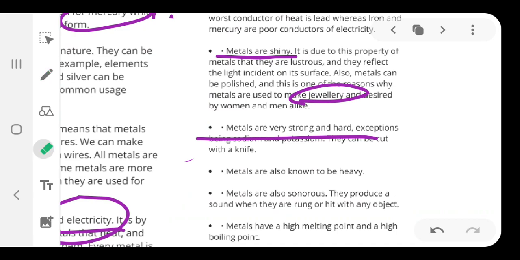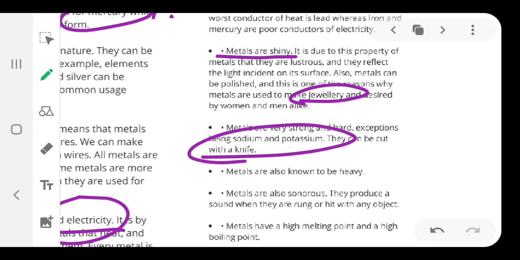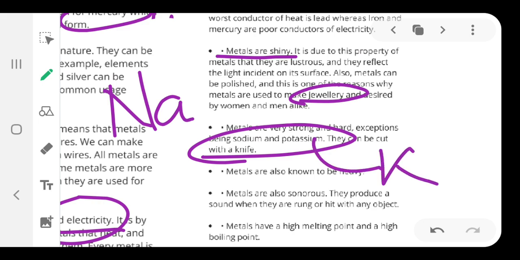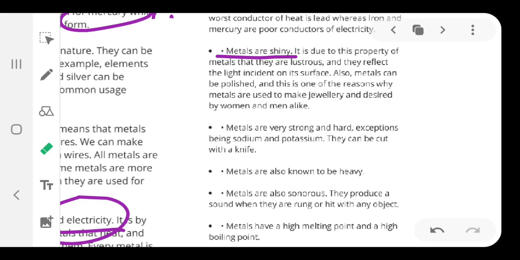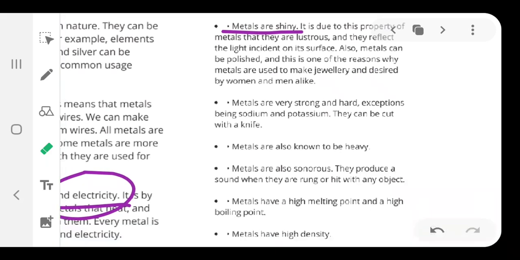The exceptions again are the metals called sodium and potassium. For sodium it is capital N small a, and for potassium it is K. They are so soft that you can even cut them with a knife, while the rest of the metals are very, very strong.